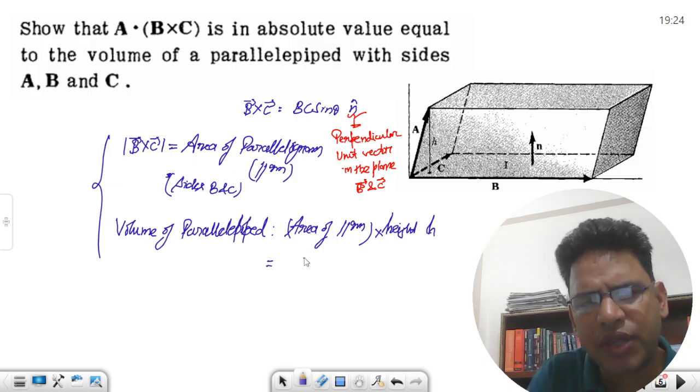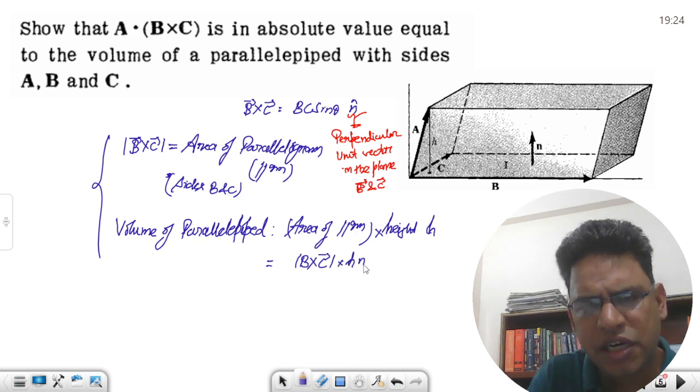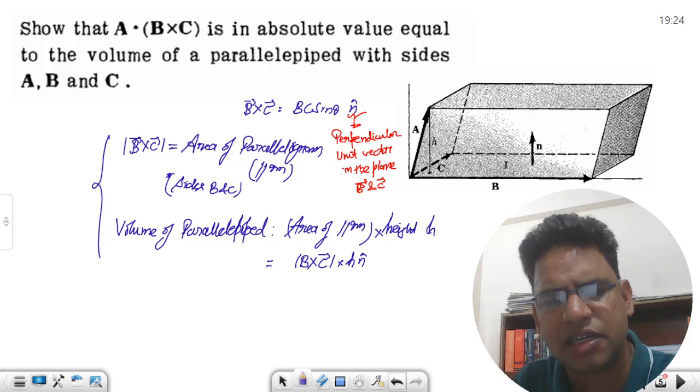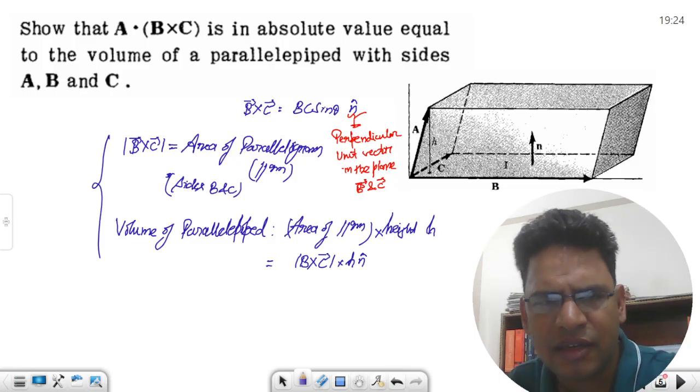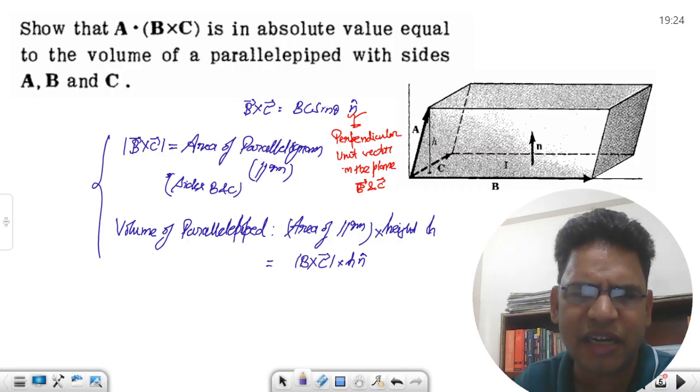How are you going to do that? B cross C vector, again the magnitude, and h in the direction of n cap. This is how I can write it. So h can be written in the n cap direction.